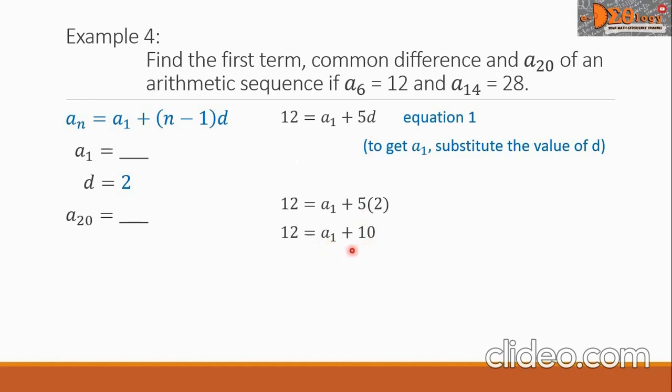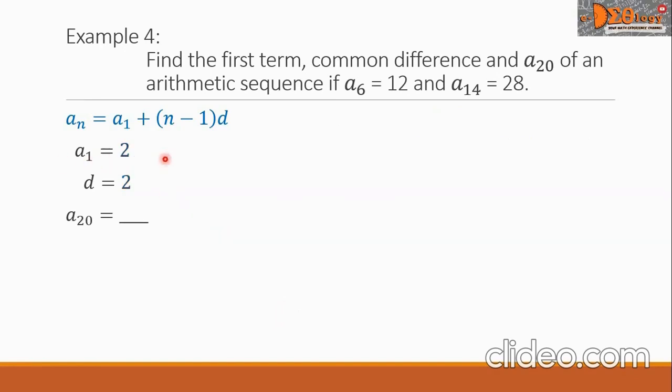We will transpose this positive 10 to the left side. So it becomes negative. So we have now 12 minus 10 equals the a sub 1. And this 12 minus 10 is 2. So we can write a sub 1 equals 2. Let us copy this value opposite a sub 1 on this part.